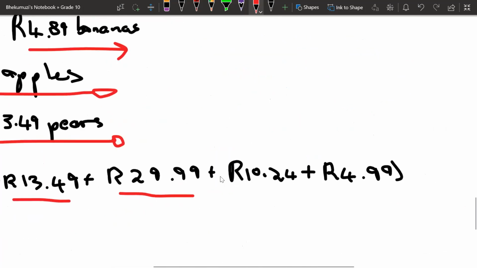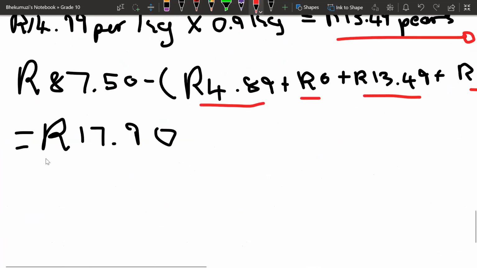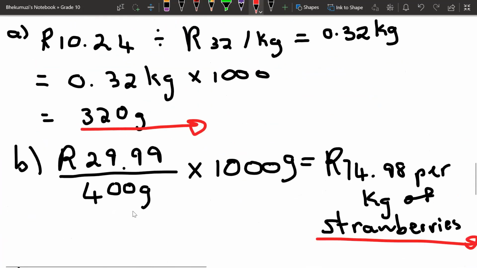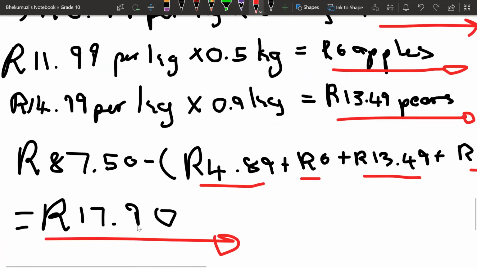Because remember, 29.99 for a single 400 grams of strawberries, and they said for 0.4 kilograms, right? And then 10, and then 4.99. And then you just hit it in your calculator and you'll find that the final answer here, how much Mary would spend on blueberries, is 17 Rand 90 cents.